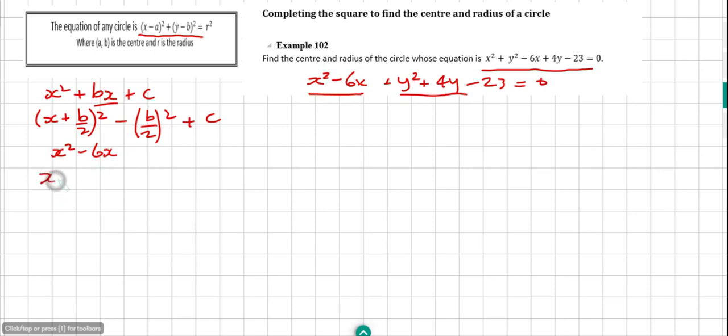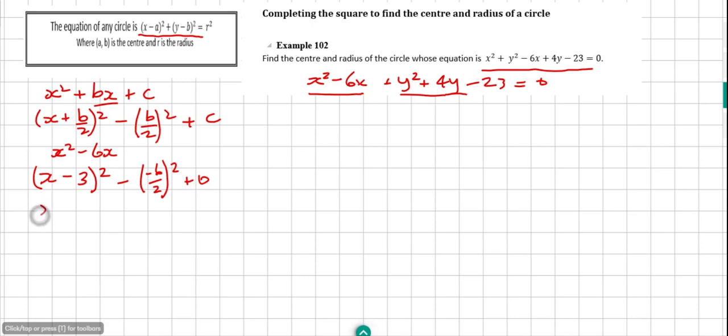So what we would get is x, and then because our b is −6, if we divide that by 2, we get −3. That's all squared. Now we've got to take away whatever (b/2)² is. I'll write that out a bit more fully so we can see where it comes from: (−6/2)², and our c is actually 0 in this case.